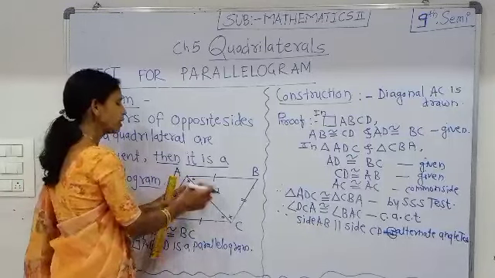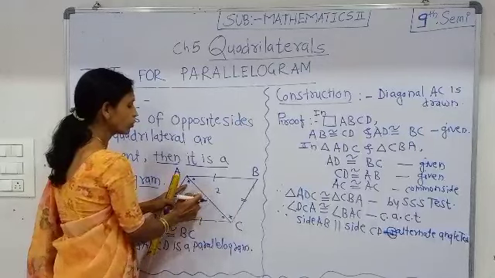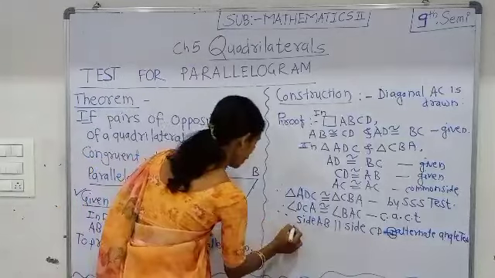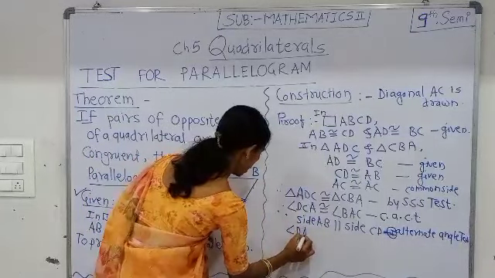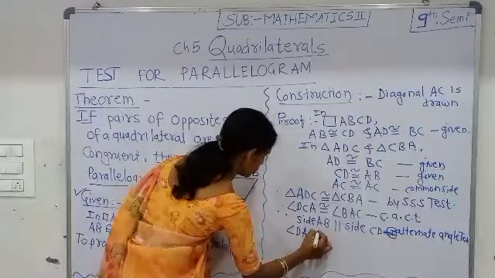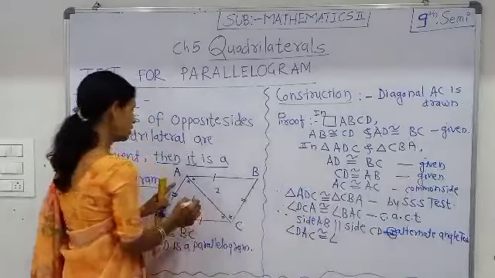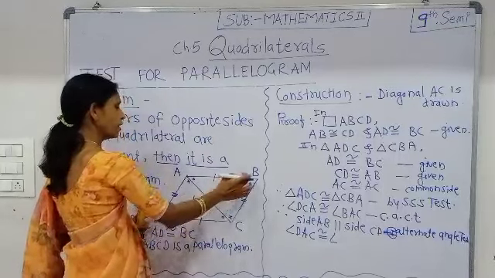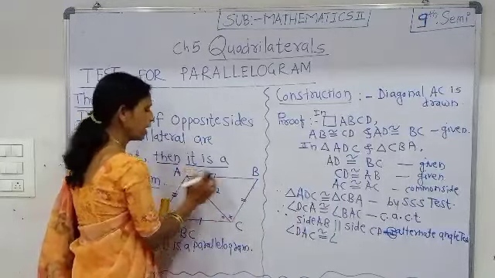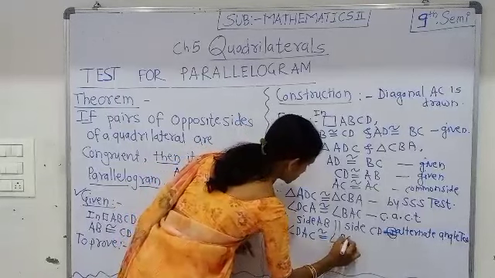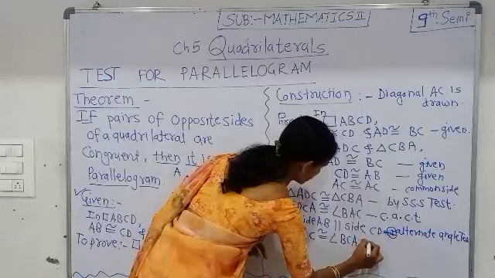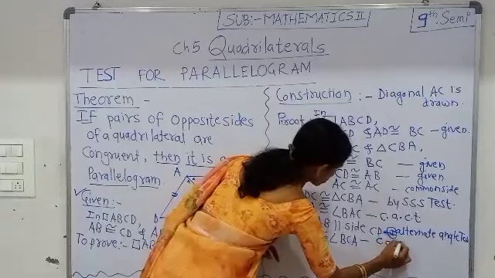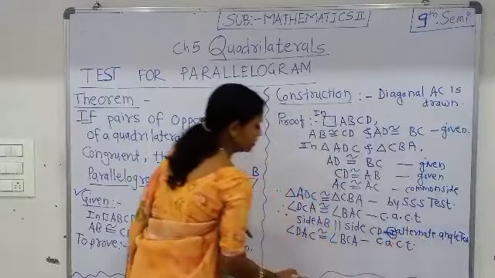Corresponding angles of congruent triangles are congruent. Then angle DAC is congruent to angle BCA. Those are the corresponding angles of congruent triangles.